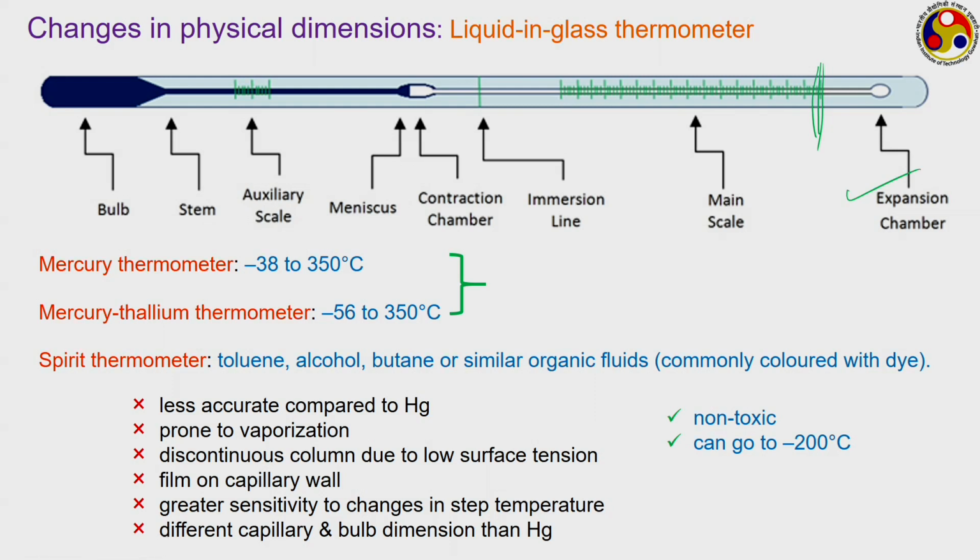Their lower temperature limit can be much lower, going up to -200 degrees Celsius, thereby making them eligible for several cryogenic applications. That is another point they score over mercury, and they have been suggested by ASTM because ASTM is not recommending or calibrating mercury or mercury based materials for thermometer applications.